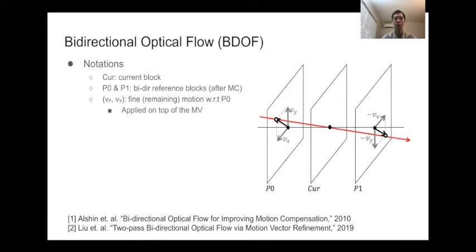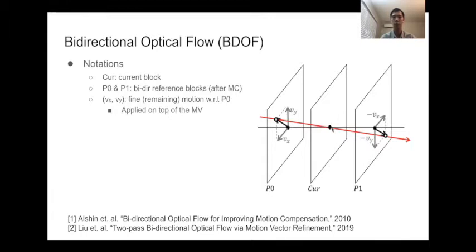We first consider the current block and denote it as cur. We let P0 and P1 be the bidirectional references of the current block after motion compensation. We assume P0 is from the past and P1 is from the future, and they have the same temporal distance to the current block.